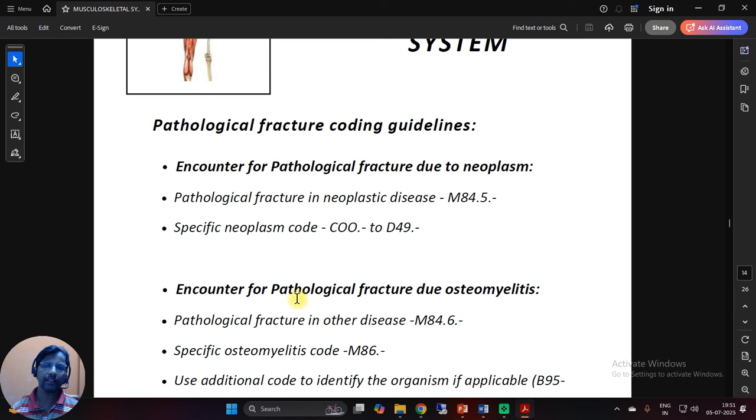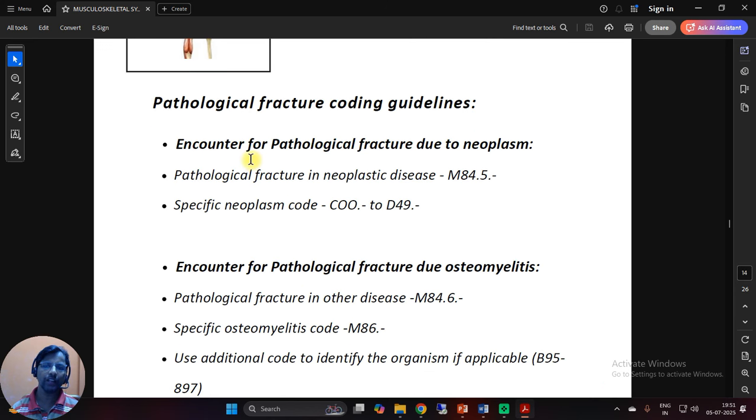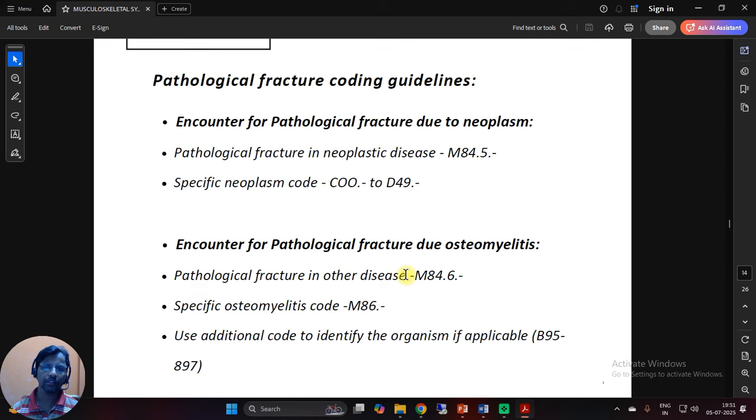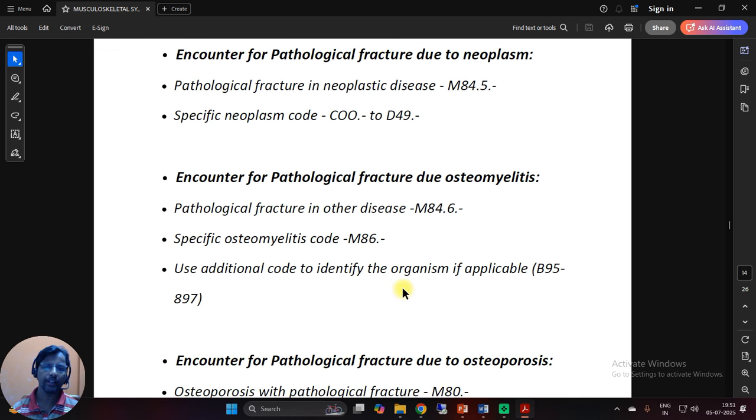Okay. Next, pathological fracture coding guidelines. For example, encounter for pathological fracture due to neoplasm. How do you code this one? Pathologic fracture due to neoplastic disease, M84.5 series, and the specific neoplasm code, C00-D49 series. Okay. Encounter for pathological fracture due to osteomyelitis.